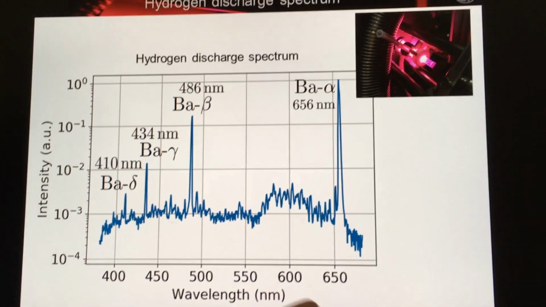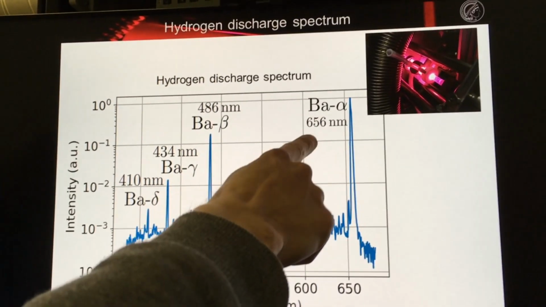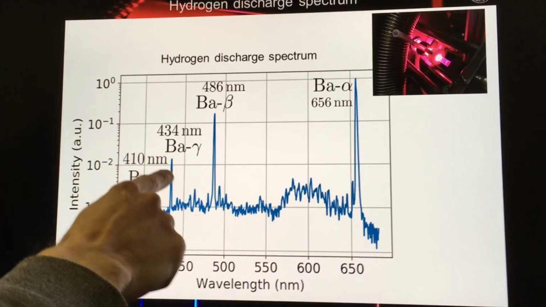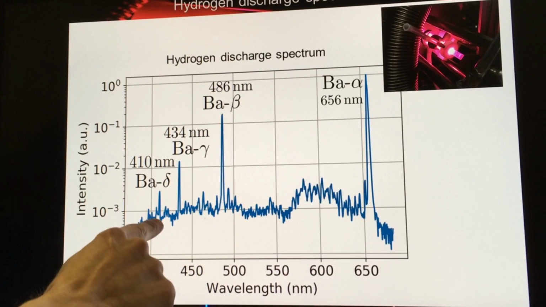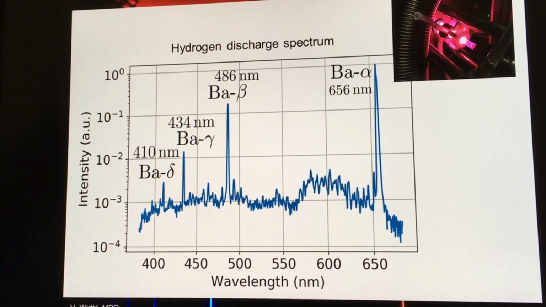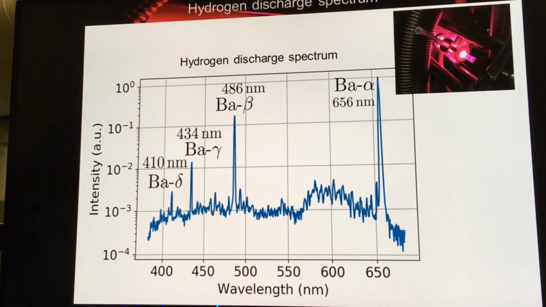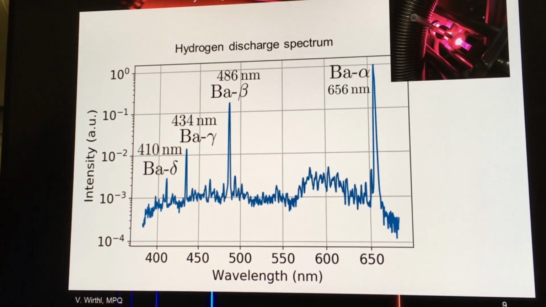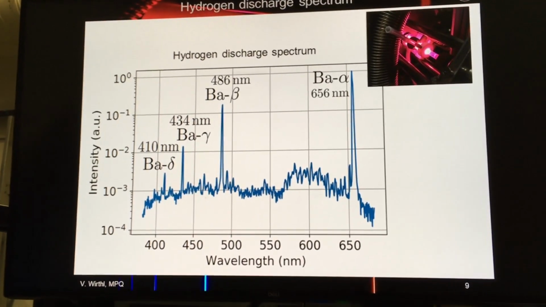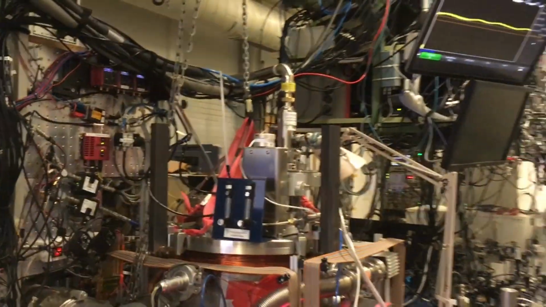So you see all these Balmer line series at 656 nanometers, 486 nanometers, Balmer gamma, and also Balmer delta at 410 nanometers, which is the same wavelength as, of course, the 2S-6P transitions we are probing. And actually on the bottom, also the Balmer series displayed as a background. Great, so now we have hydrogen atoms.